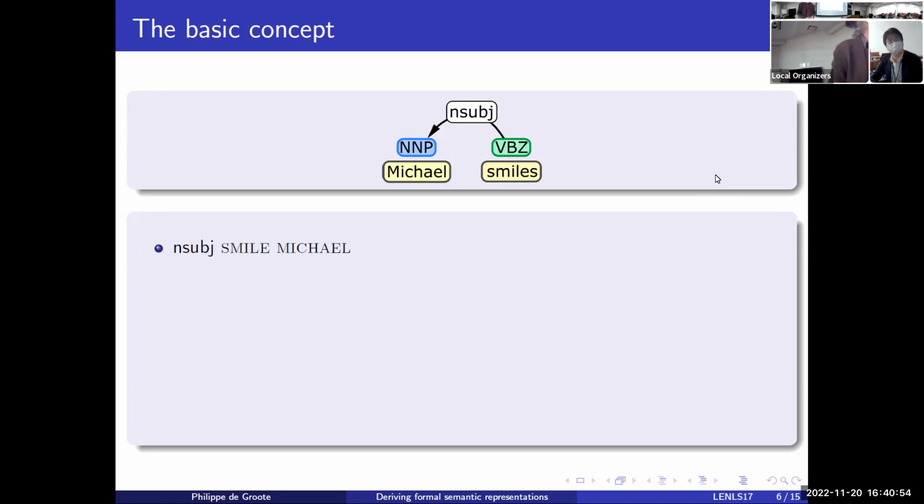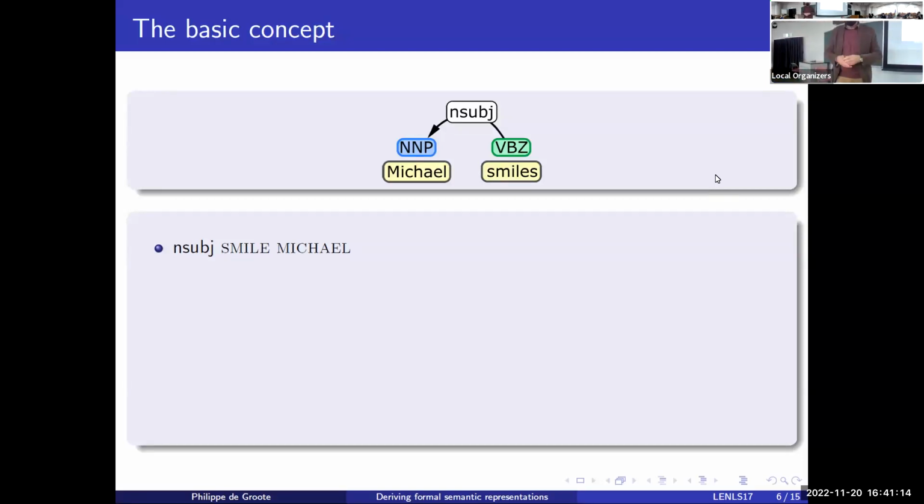Syntactically, it would mean that the dependency structure would be represented by a term like this, a function applied to the two arguments of the dependency.